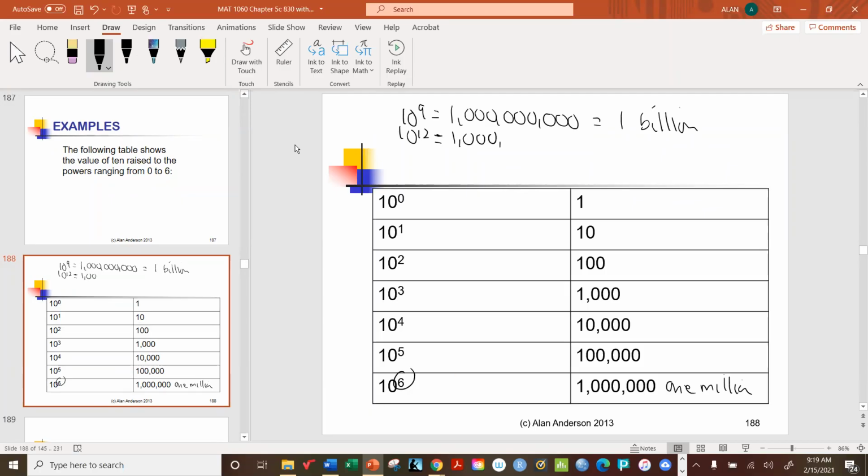All right, well, pretty soon we get tired of writing out all these digits. Now, there's 10 to the 15th, 1 quadrillion.